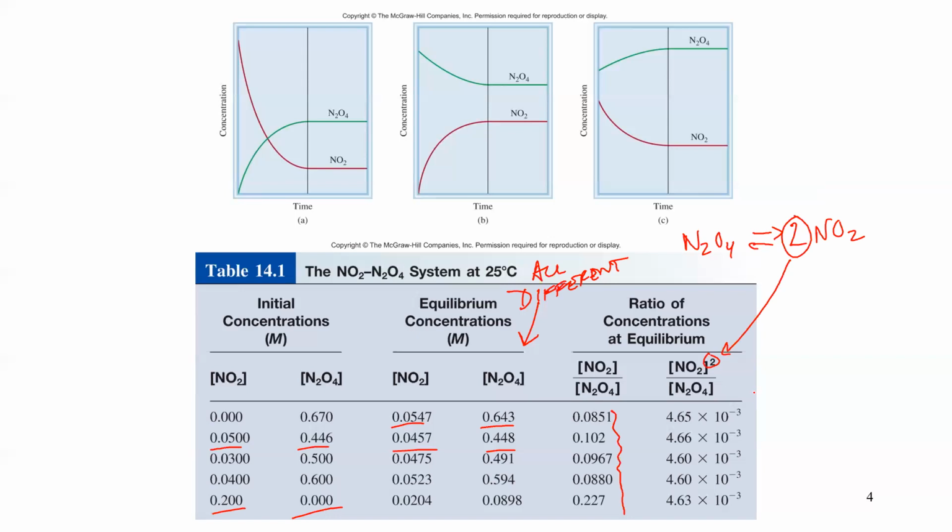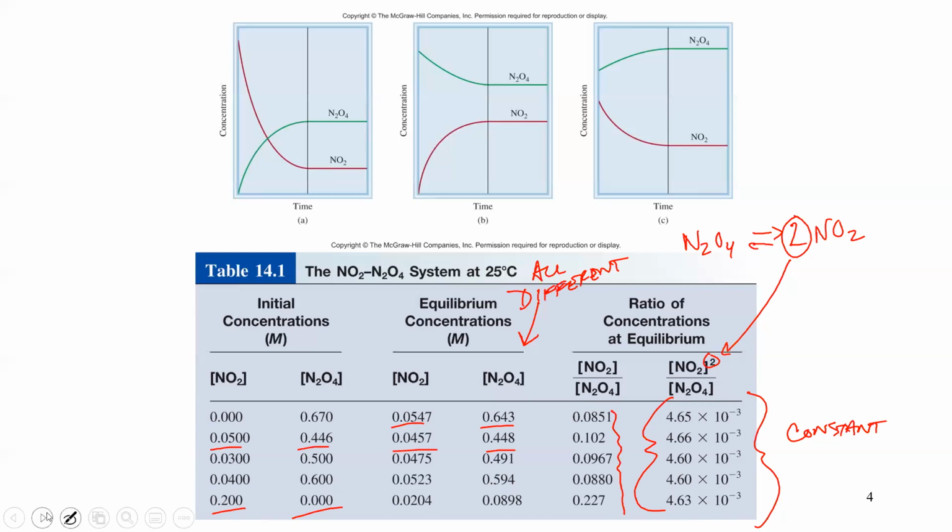If you look at these, this whole column here, these are pretty constant. Yes, it's true they vary a little bit in the third significant figure, but generally speaking, this is a pretty constant value. And it turns out that the way that we talk about equilibrium and what's constant about equilibrium is related to this ratio of concentrations raised to the exponent of the coefficient. So let's dig into that a little bit more.